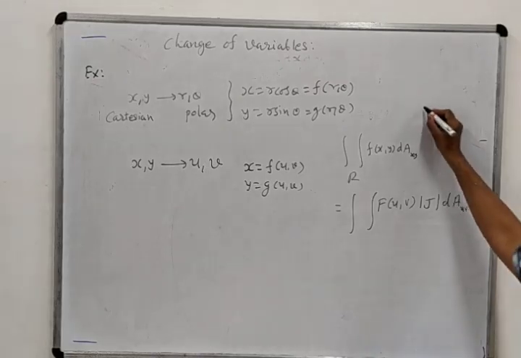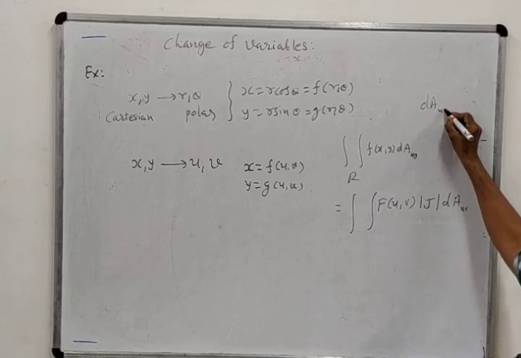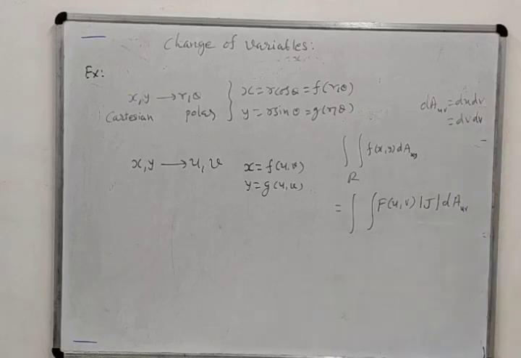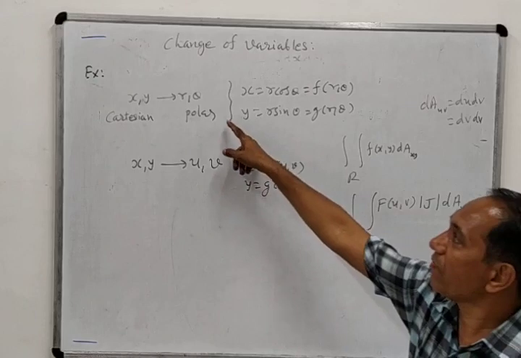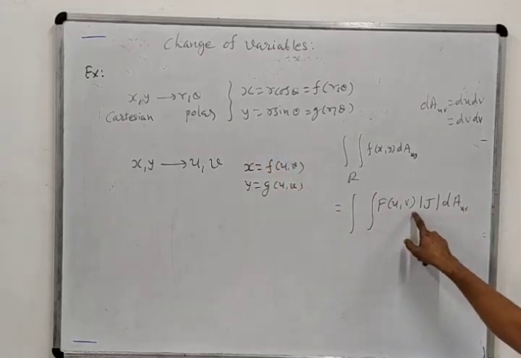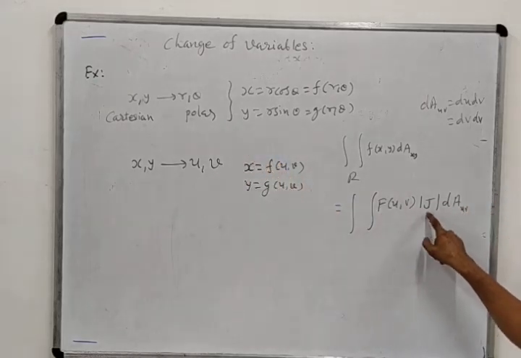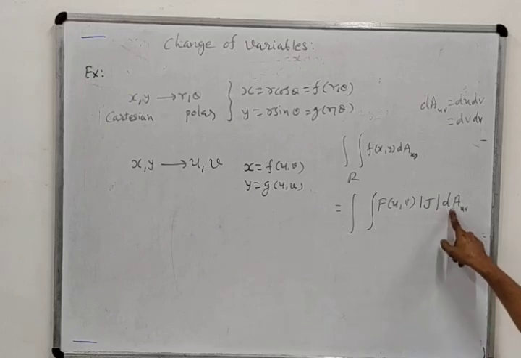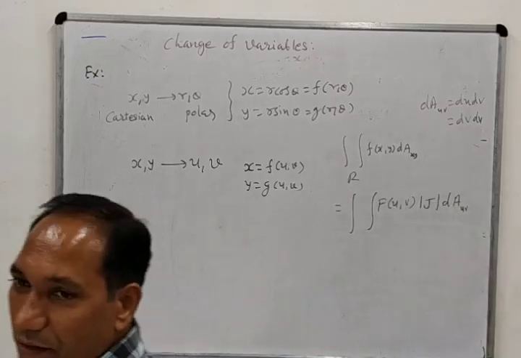That means this dA u v can be du dv or dv du. You can write any one, with the Jacobian J. And also we have seen in polar form that when we use polar form, then this becomes a function in terms of r and theta, and then modulus J was r, and this was dr d theta, and that's why we were writing r dr d theta.